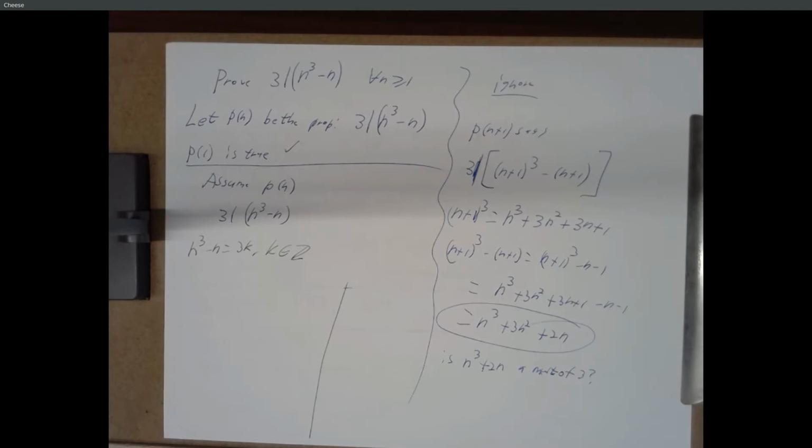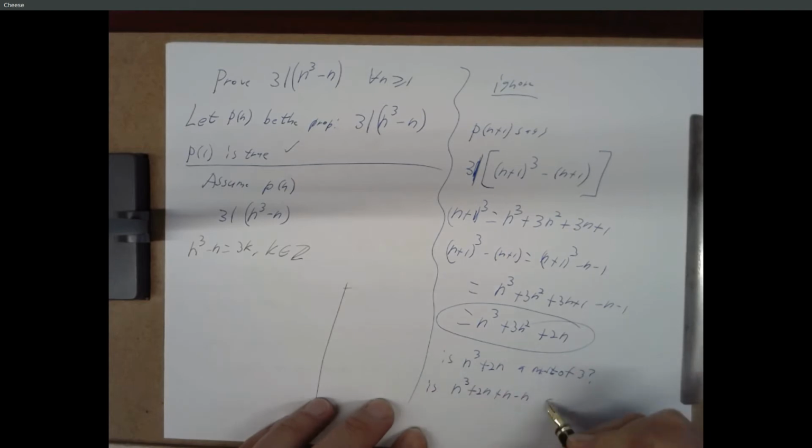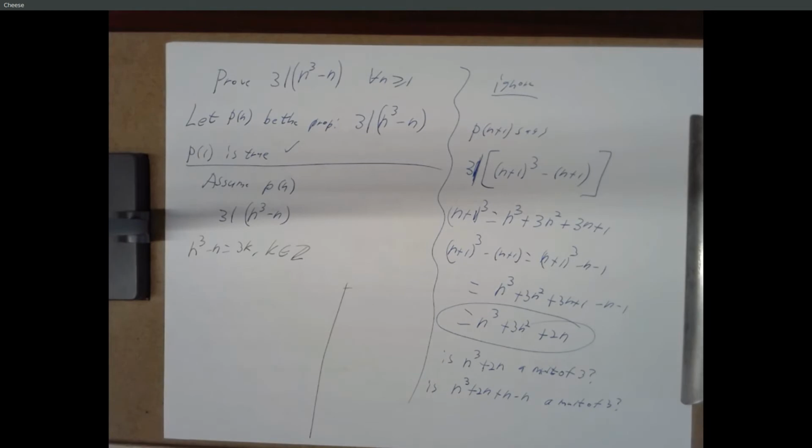So to that little bit over there, add n and subtract n. So this is a classic trick in math: add n and subtract n, add 0 to something, but do a very particular form of 0 that lets you do something.